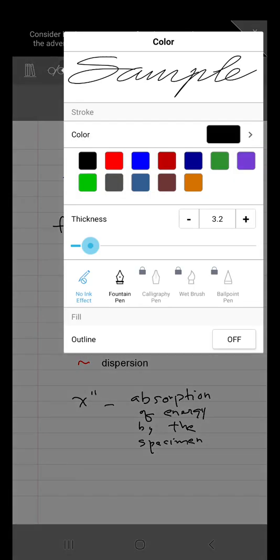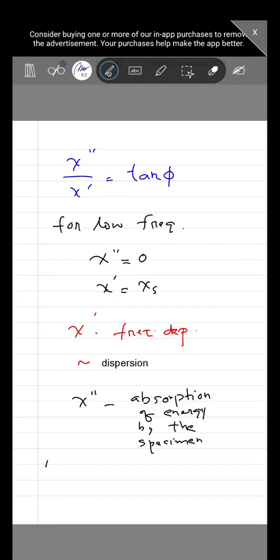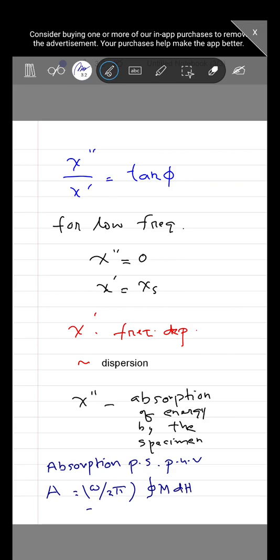And on further calculations, one can actually find the absorption per second per unit volume as equal to omega by 2 pi times the integral of M dH, which is equal to omega by 2 times psi double dash times H0 squared.